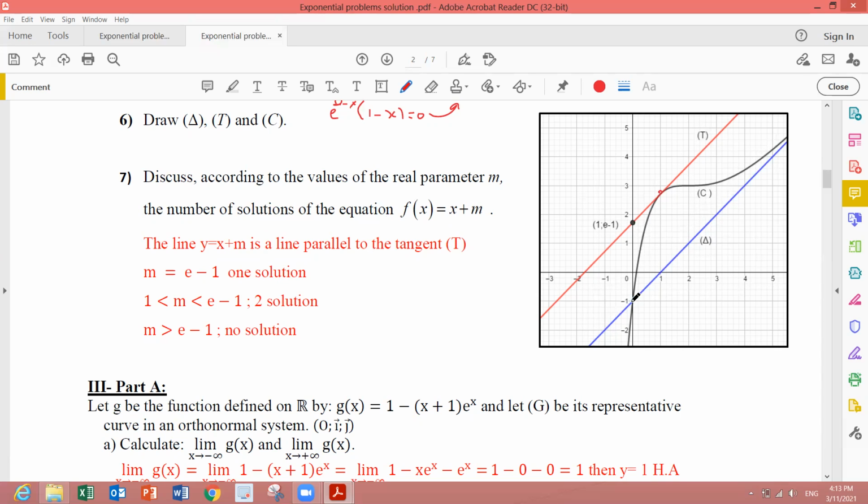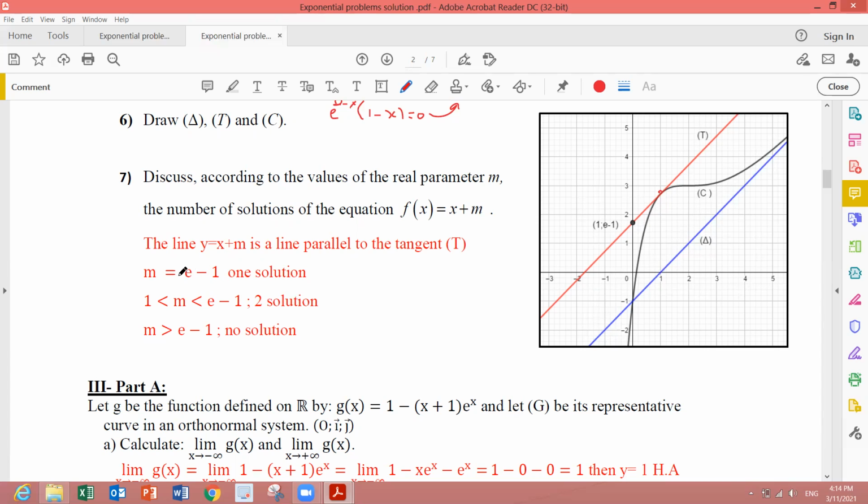If m is between 1 and e minus 1, we get two solutions.